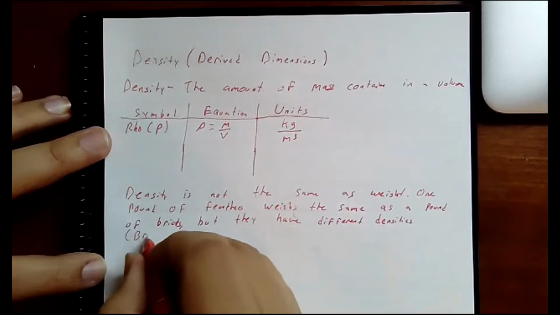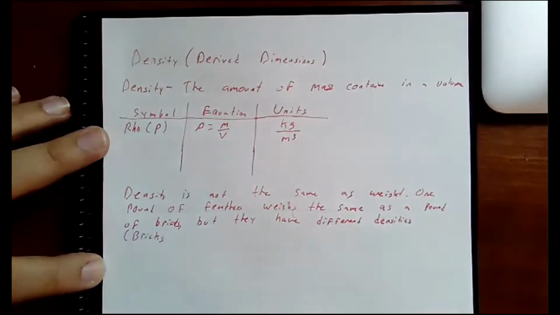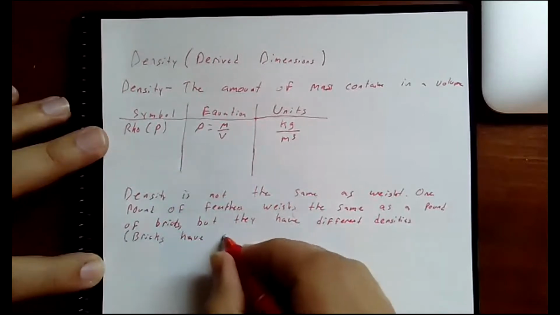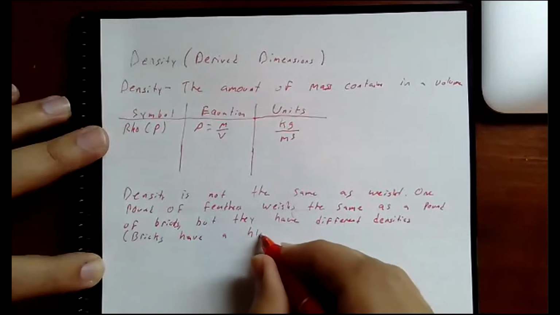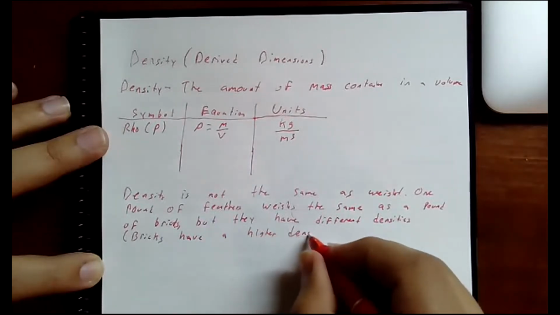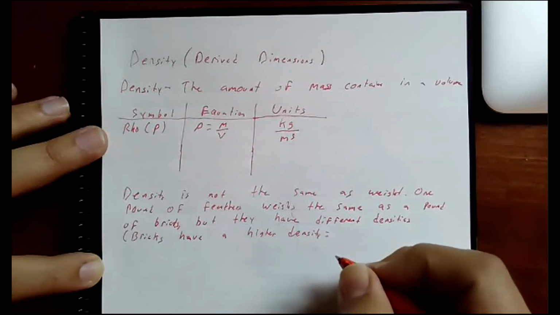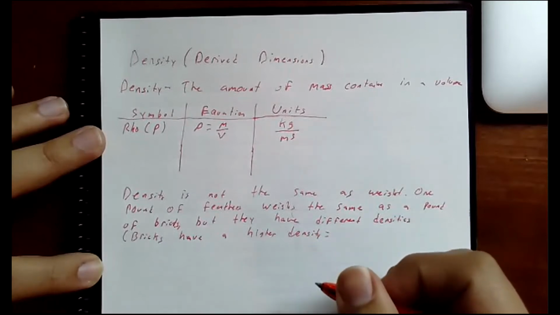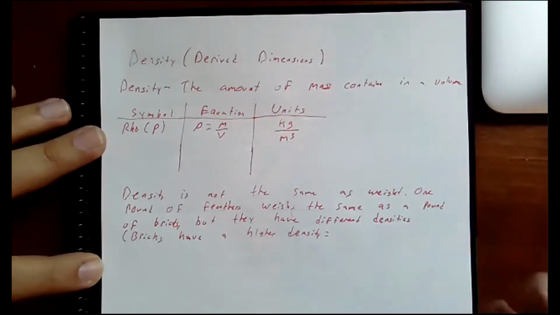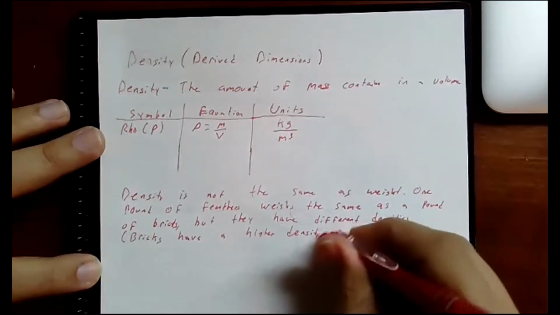Bricks have a higher density than feathers.